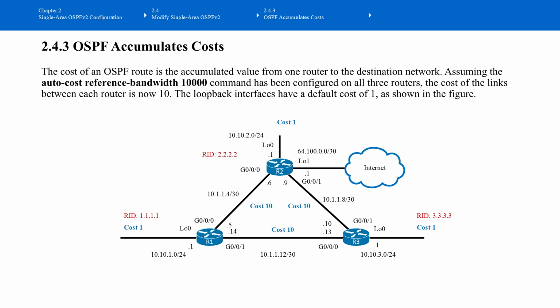So the total cost is 10 plus 10 plus 1, which is 21. So OSPF chooses the direct path with the cost of 11. That's the lowest cost.